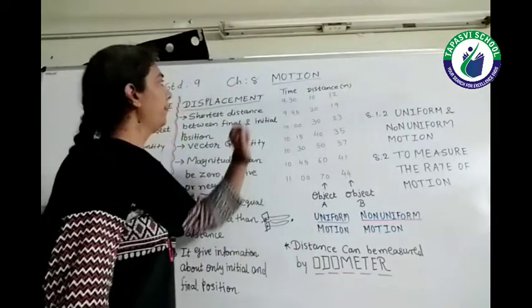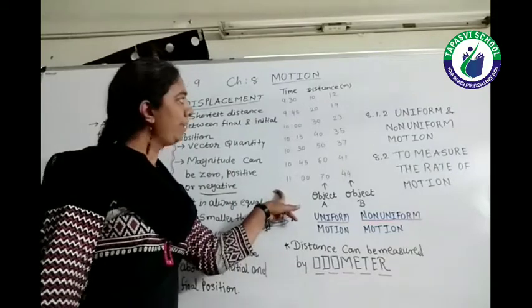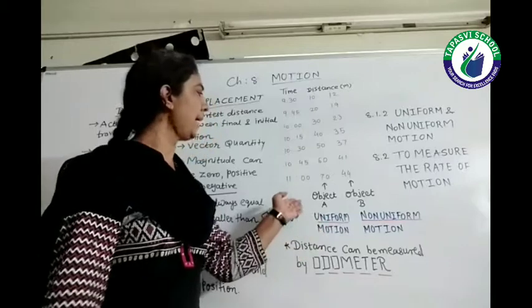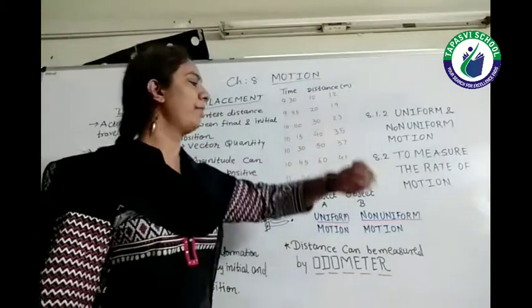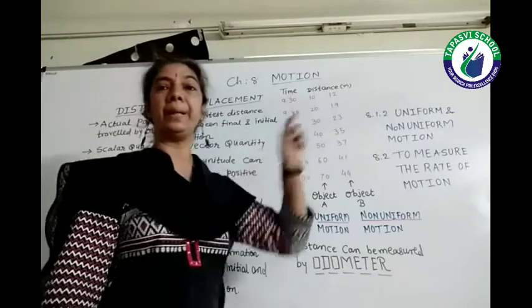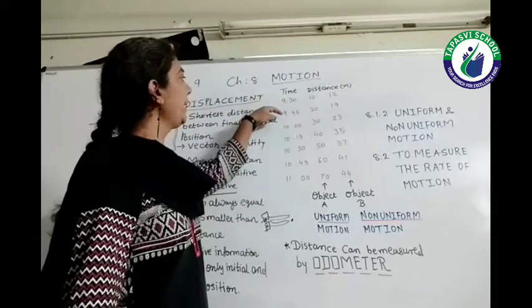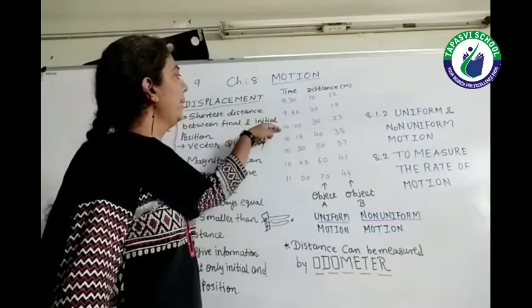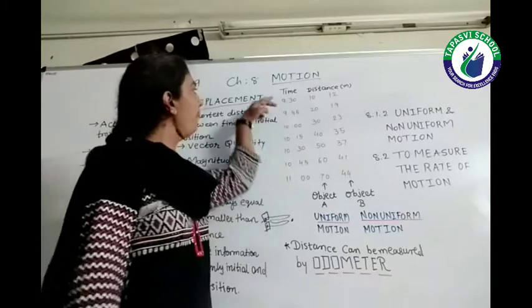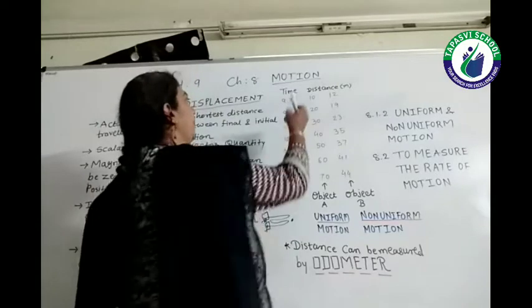In that example, the time is given and two objects, considered as A and B, are traveling some distance, shown in meters. The timing is given as 9:30, 9:45, 10, 10:15, 10:30. That means everywhere we have a difference of 15 minutes.